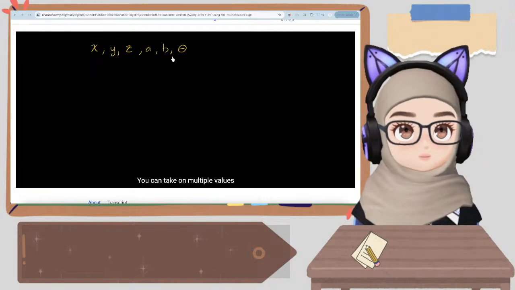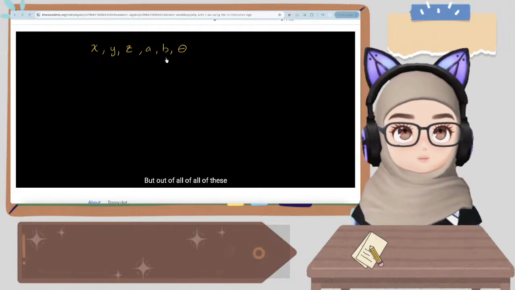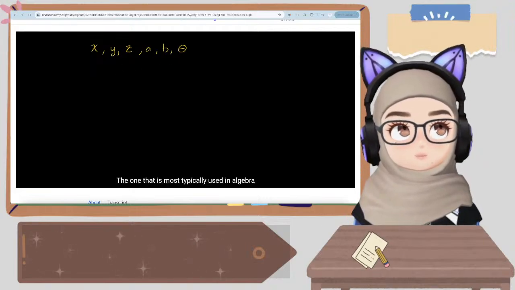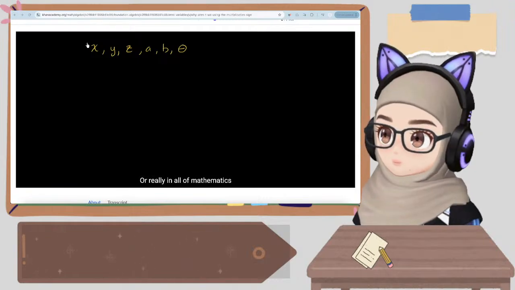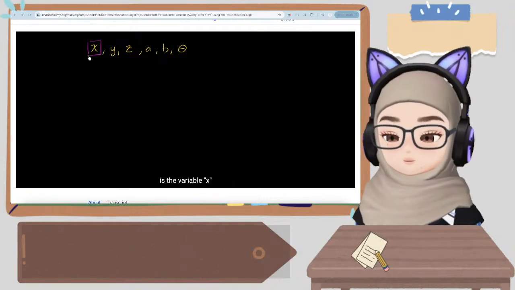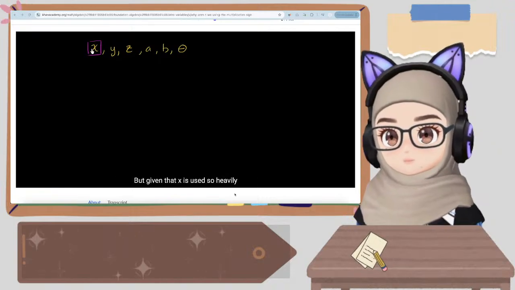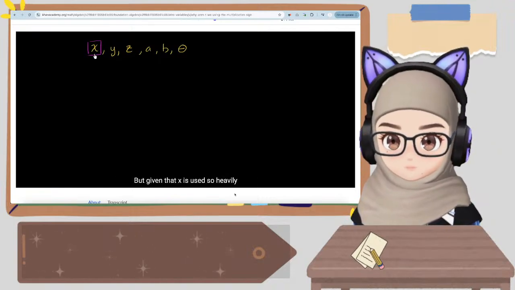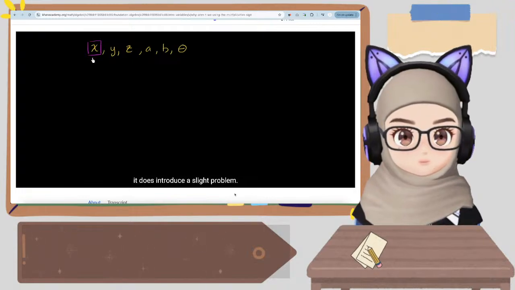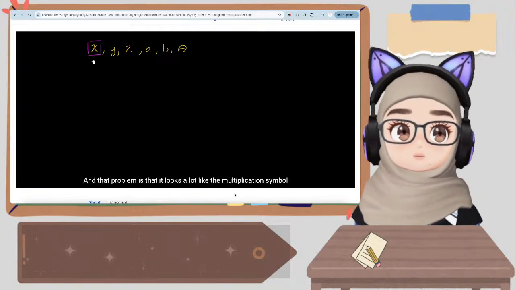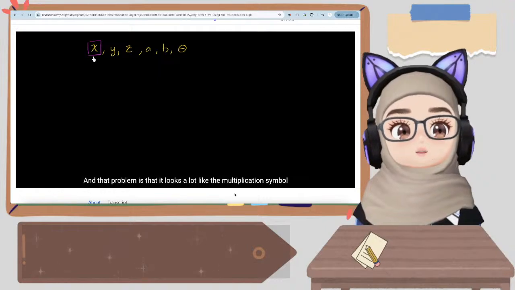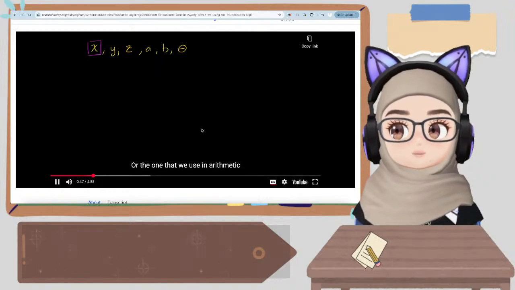It can take on multiple values. But out of all of these, the one that's most typically used in algebra, or really in all of mathematics, is the variable x, although all of these are used to some degree. But given that x is used so heavily, it does introduce a slight problem. And that problem is it looks a lot like the multiplication symbol, or the one that we use in arithmetic.